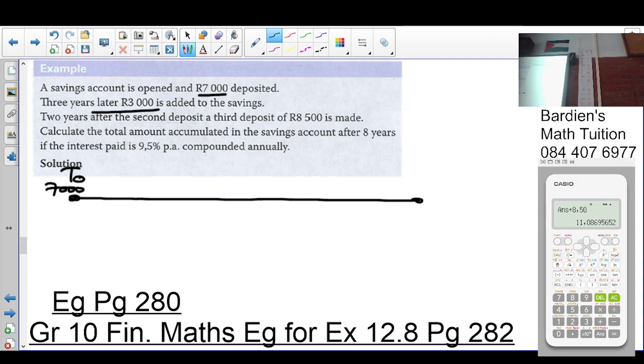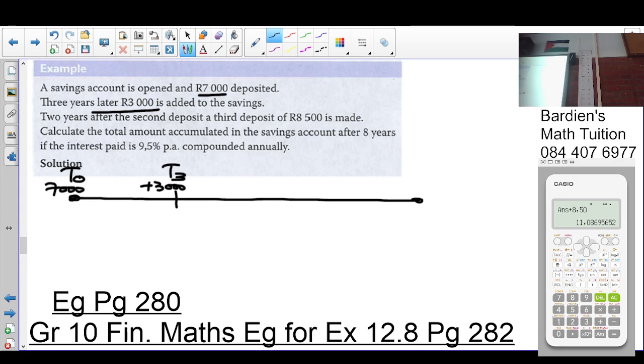3 years later, 3,000 Rand is added to the savings account. So I put here T3 plus 3,000. What if I had said 3 years later, 3,000 Rand is withdrawn from the account? What would I have written there? Minus 3,000.